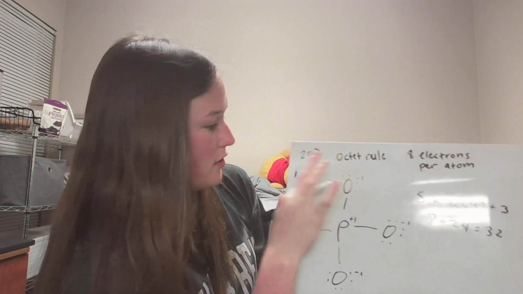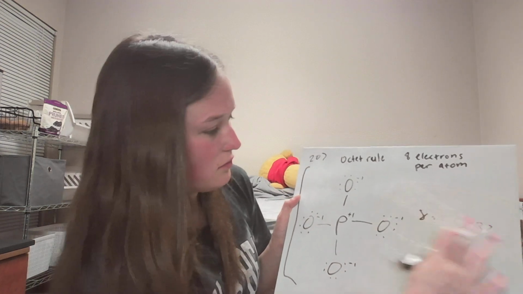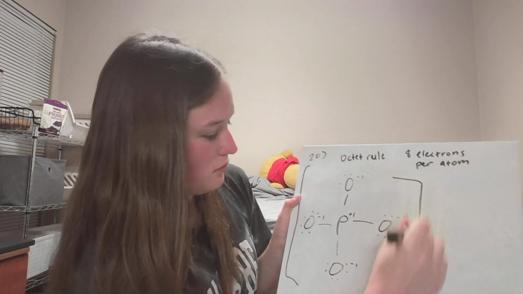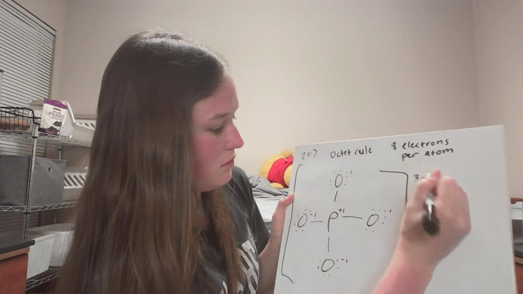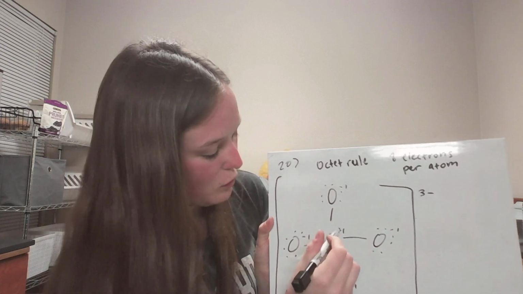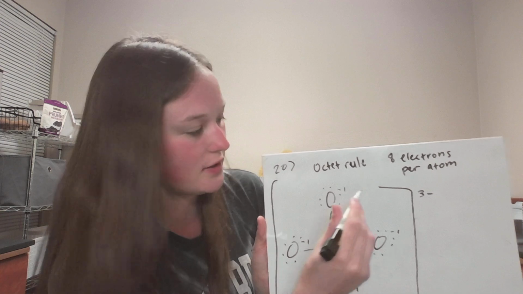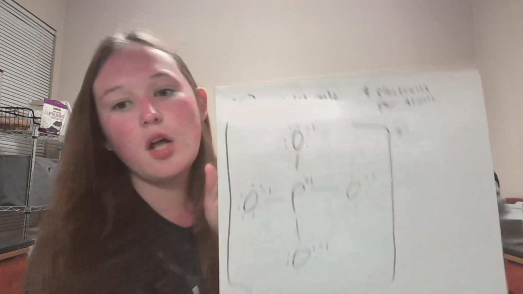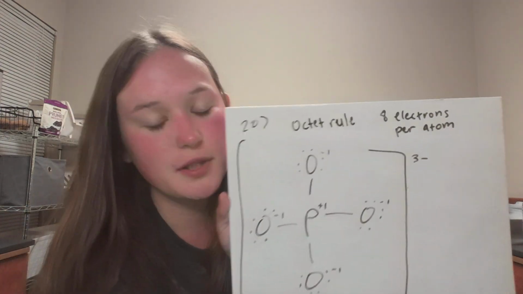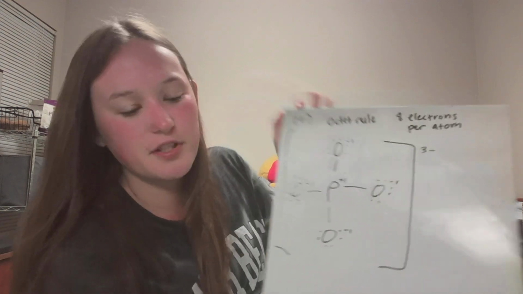I'm going to erase this so I can make my... Anyway, that's how we get this 3 minus up here: 4 times minus 1 is minus 4, plus a positive 1, so you get minus 3. Nothing here violates the octet rule. This P has 8: 2, 4, 6, 8, and all these oxygens have 8. So this one is in the clear.